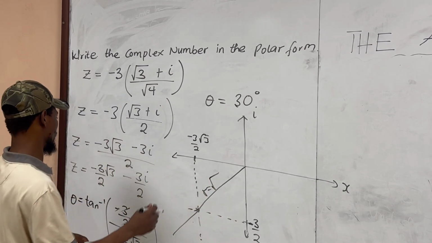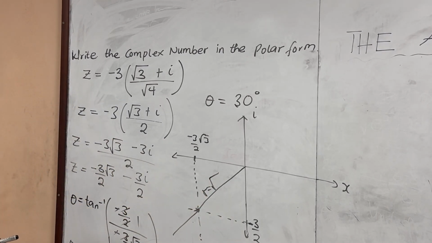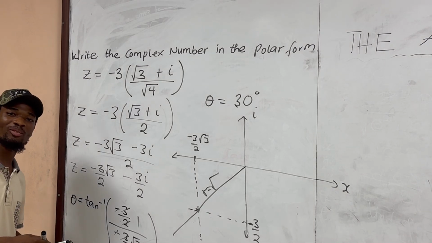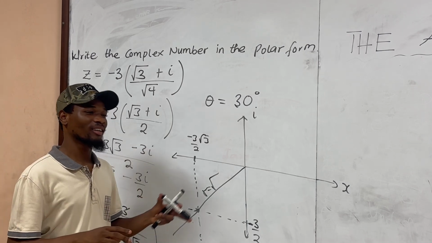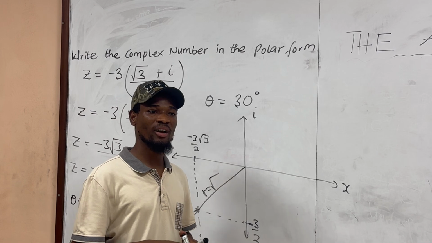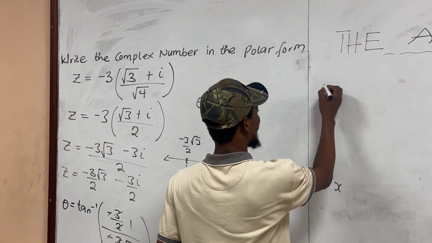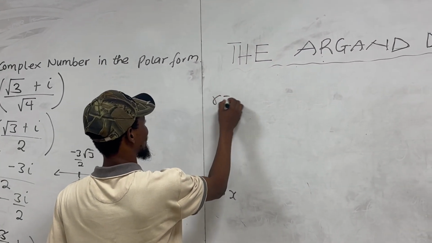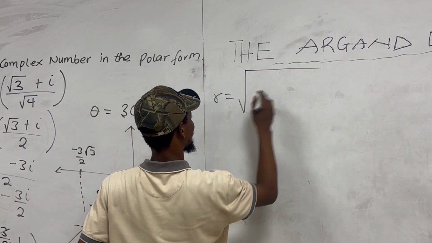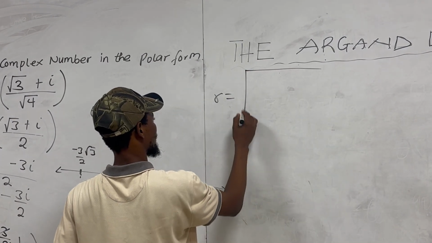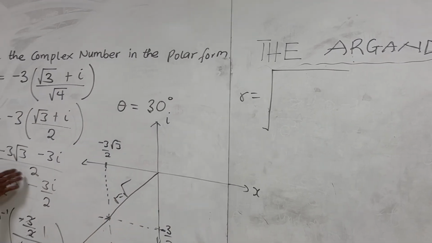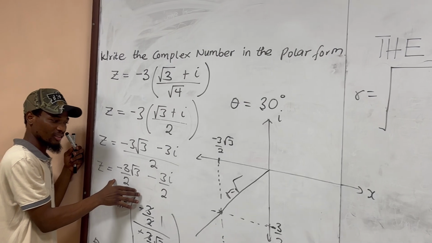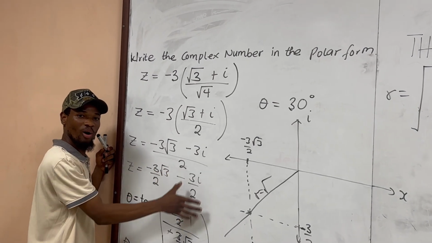We didn't look for the modulus, but it's nothing. Let's solve for the modulus over here. The modulus r is equal to the square root of the square of the real part plus the square of the imaginary part.